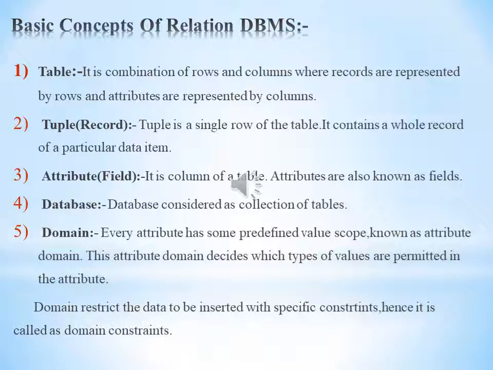Students, understand this topic because it is the concept of a relational database. Everyone knows about the table, record, attributes and database. A table is a combination of rows and columns, but a single row of the table is called a tuple, and a column of the table is called an attribute. Then fourth is the database.